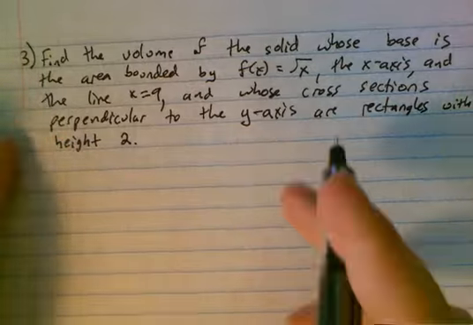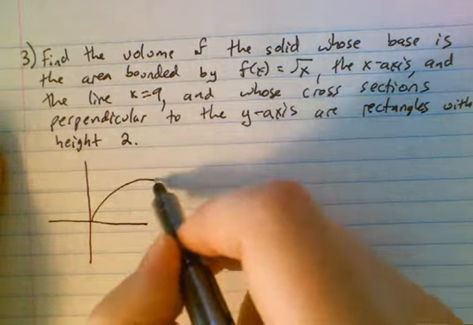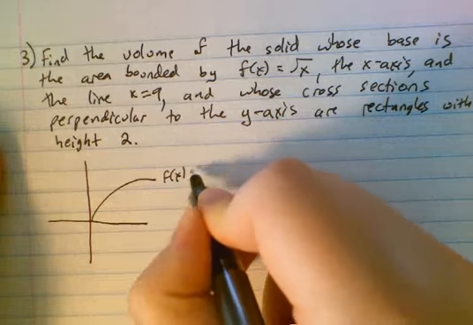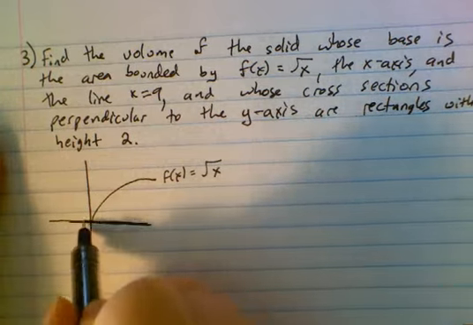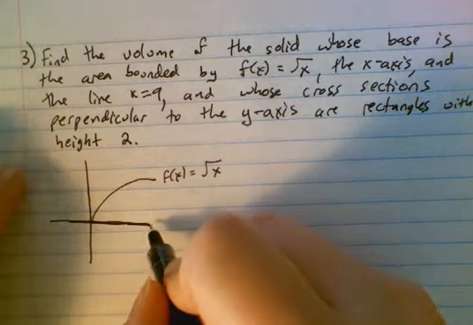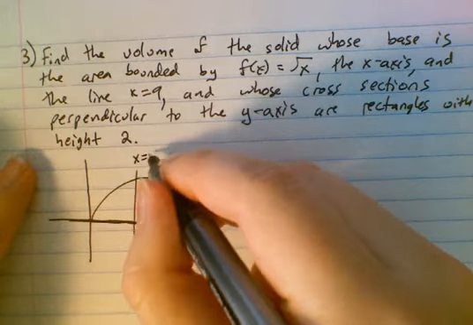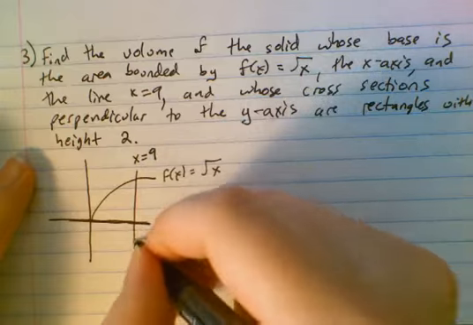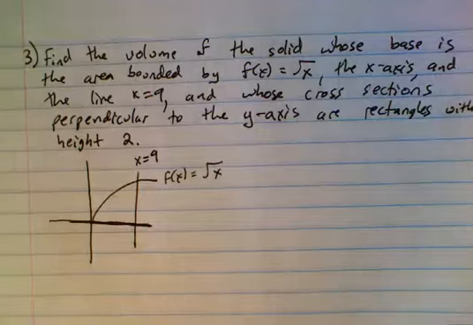Okay, so first thing we're going to do is sketch our area. So this is the square root of x. We're talking about the x-axis right here, and the line x equals 9. Now we notice the cross sections are perpendicular to the y-axis.